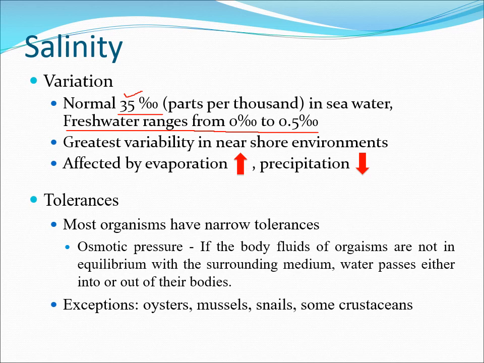Now, a species with a narrow tolerance range of salinity is called stenohaline. As I already told you, most living beings, most species, have a very narrow range of tolerance of different physicochemical conditions. So in the case of salinity, when a species has a very narrow range of tolerance, it is called a stenohaline species.